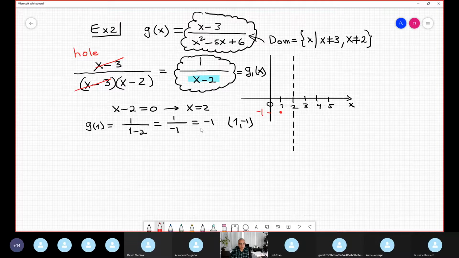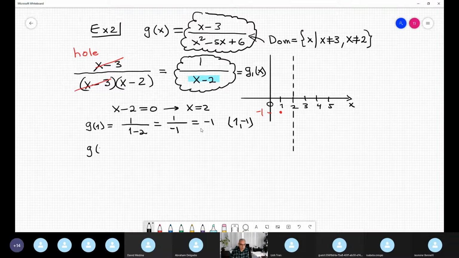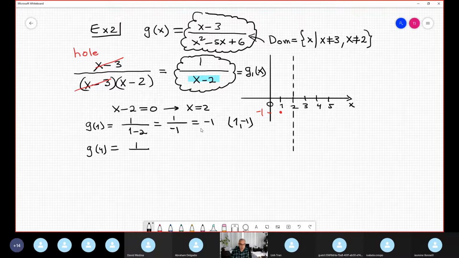Now I don't evaluate at 3, because it's undefined in the original G. I evaluate at 4. Plugging into G1, 4 minus 2 is 2, so it is 1 over 2.